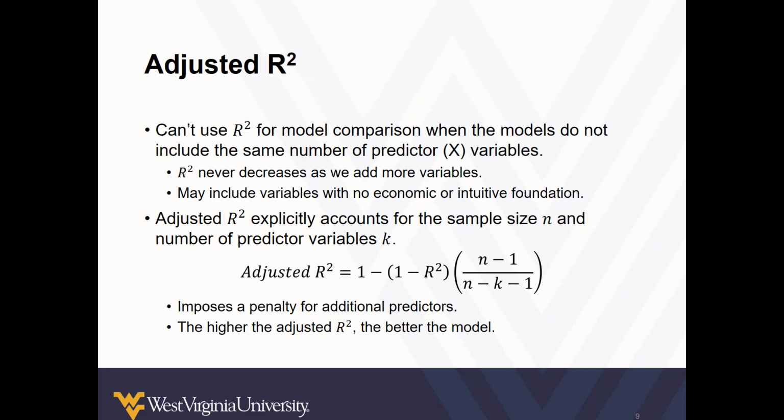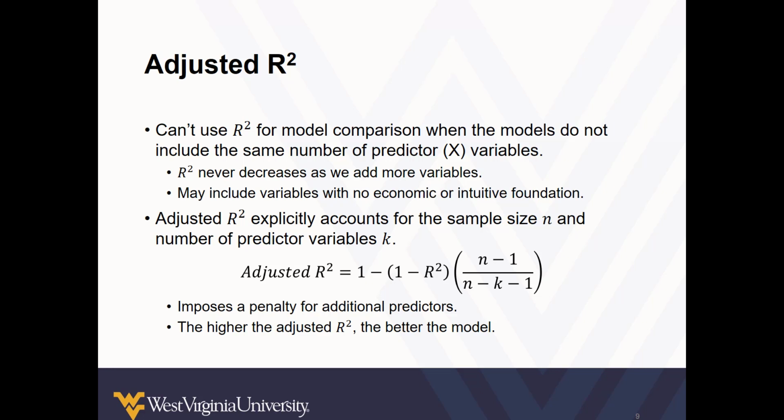But we also can't use r squared, or the coefficient of determination, for model comparison when the models do not include the same number of predictor or x variables. The coefficient of determination, as I said earlier, never decreases as we add more variables. And it may yield a really great value even as we add variables with no economic or intuitive foundation.